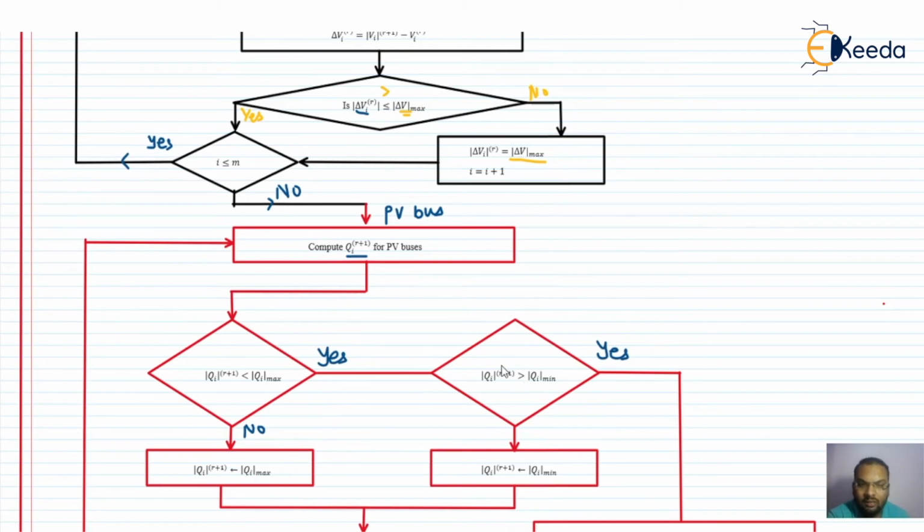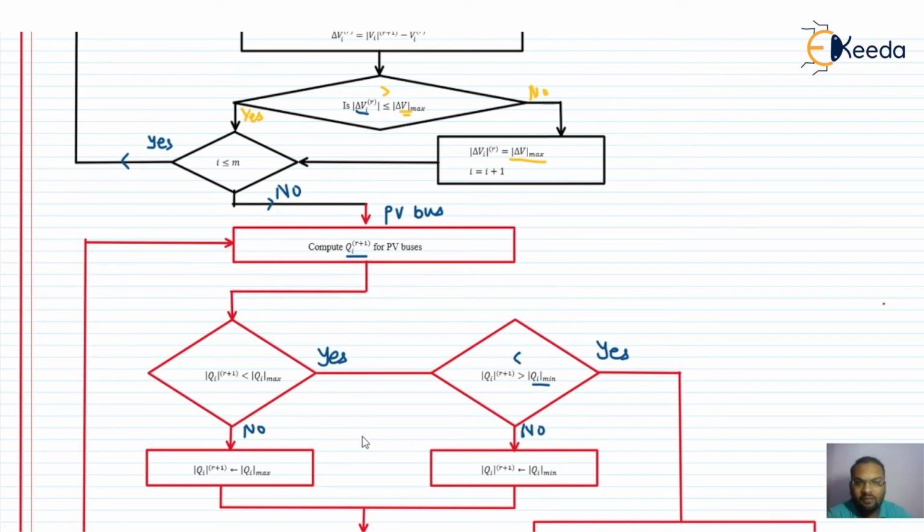Again here, it should be more than the minimum reactive power. If you find that it is going below the minimum reactive power, it is no, then in that case you put the reactive power on that bus in that iteration to be the minimum reactive power.